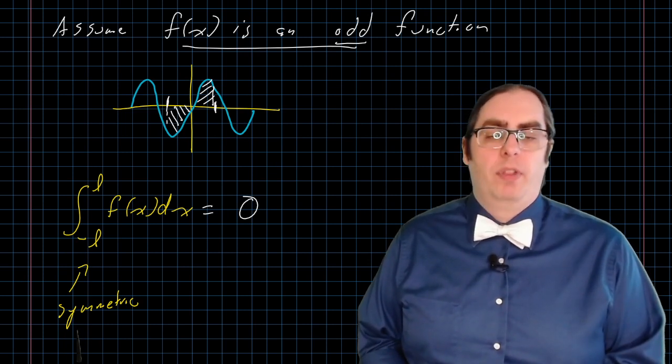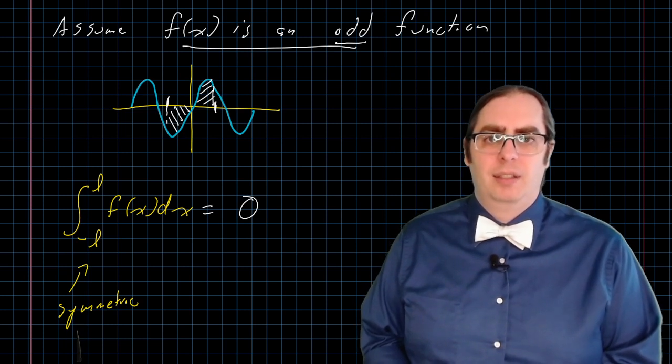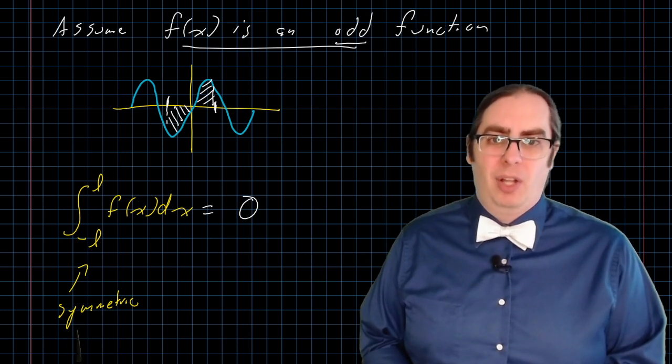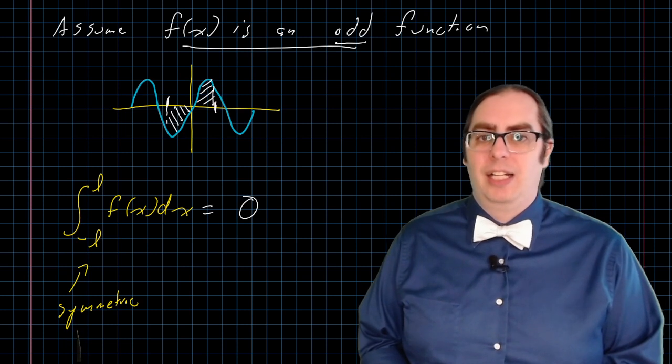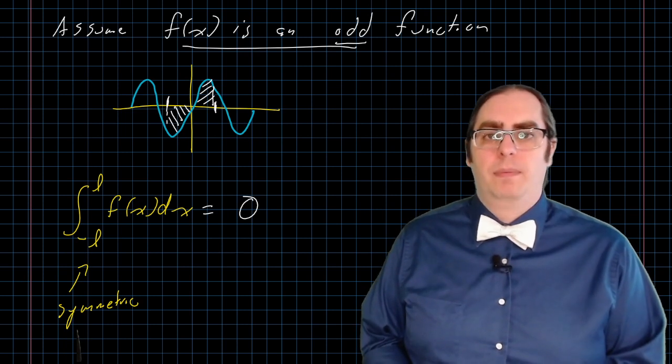But one of the poster childs for the odd functions is sine. Sine is an odd function, and sine shows up a lot. Another poster child for the odd functions is the line, y equals m times x. That's another one that shows up a lot.